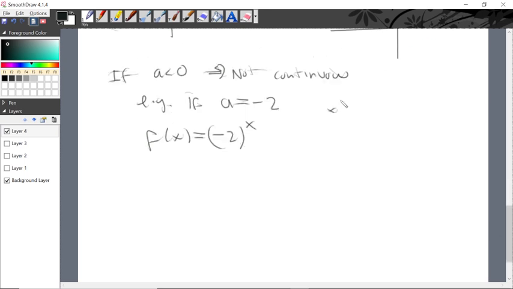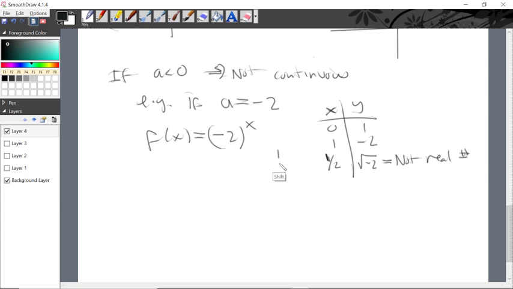You'll be fine at some locations. For instance, if x is equal to 0, y would equal 1. Negative 2 to the power of 0 is equal to 1. If x is equal to 1, you're going to get y is equal to negative 2, and that would be fine. But in between those two, you would have 1/2. What happens when x is equal to 1/2? At x equal to 1/2, the y value would be the square root of negative 2, and that is not a real number.